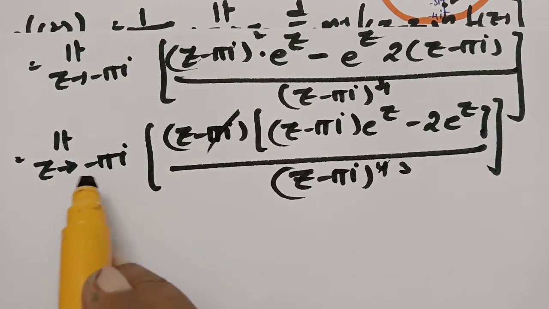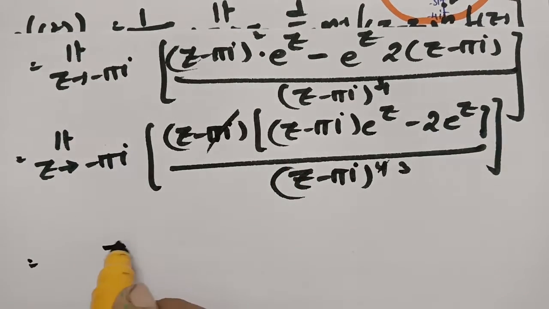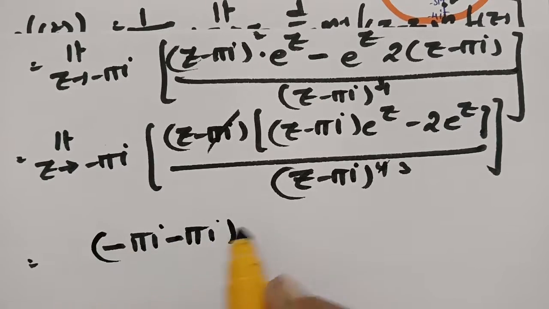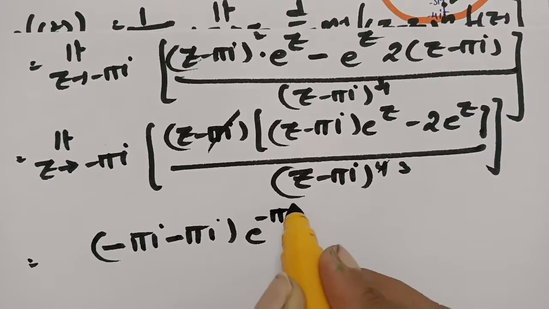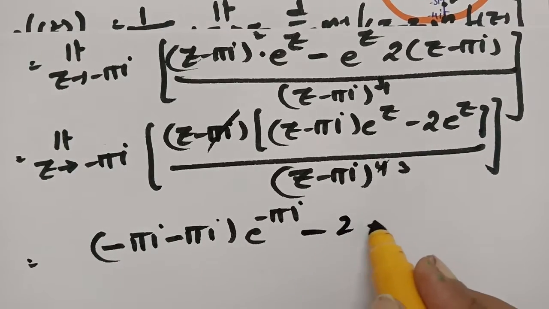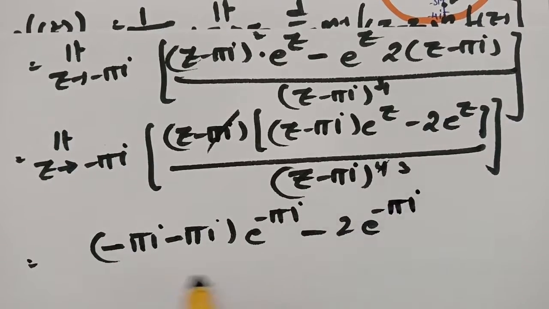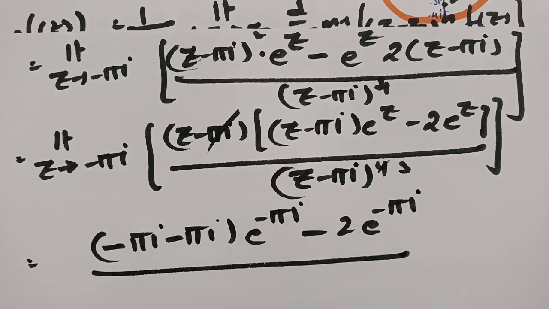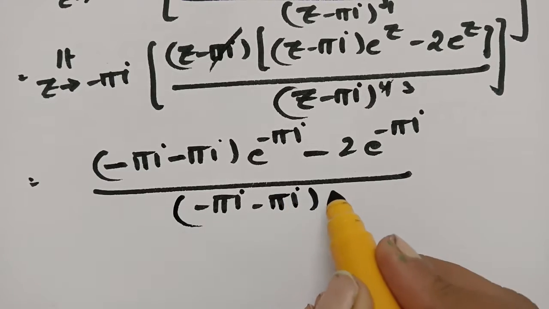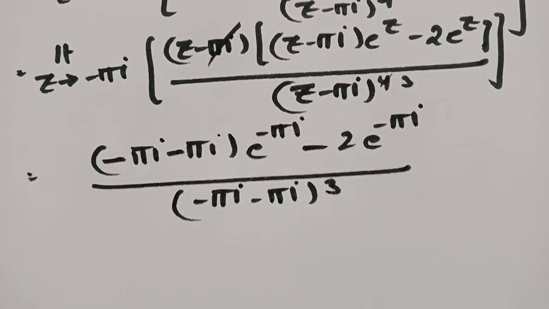And see, if I substitute minus pi I here, this will be minus pi I into e power minus pi I, in place of z I am keeping minus pi I, minus 2 into e power minus pi I, divided by (z minus pi I) whole cube, that is (minus 2 pi I) whole cube.